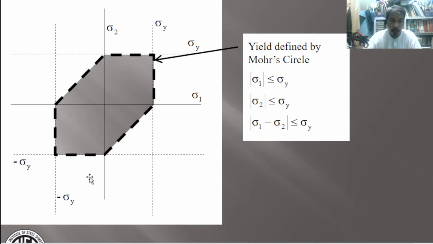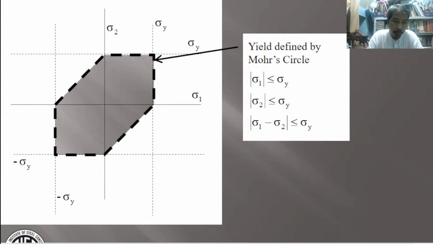So, the shear yield criteria. Yield is defined by Mohr's circle. We already know the drawing of Mohr's circle from physics and from theory of structures, also from mechanics of rigid bodies and mechanics of deformable bodies.